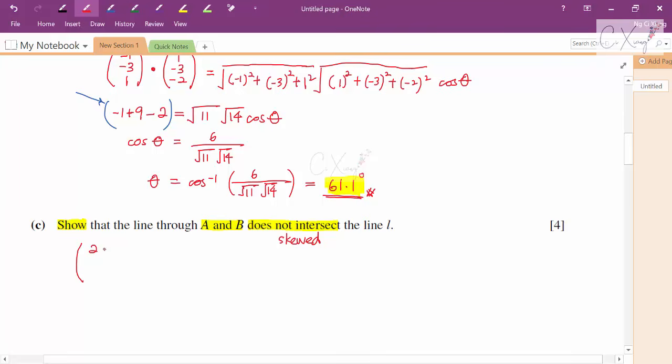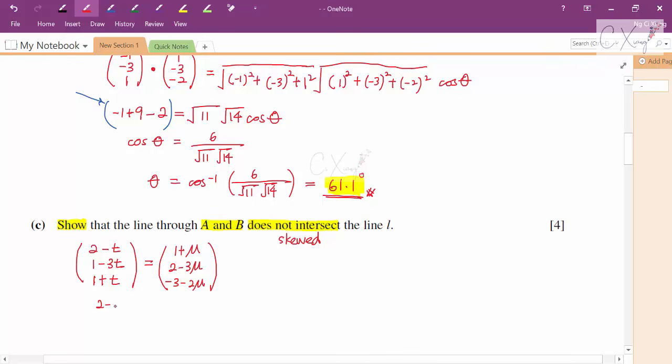So the line AB will become (2 minus t, 1 minus 3t, 1 plus t), and it is equal to line L, which is (1 plus mu, 2 minus 3 mu, -3 minus 2 mu). From what we show here, we can get three equations.